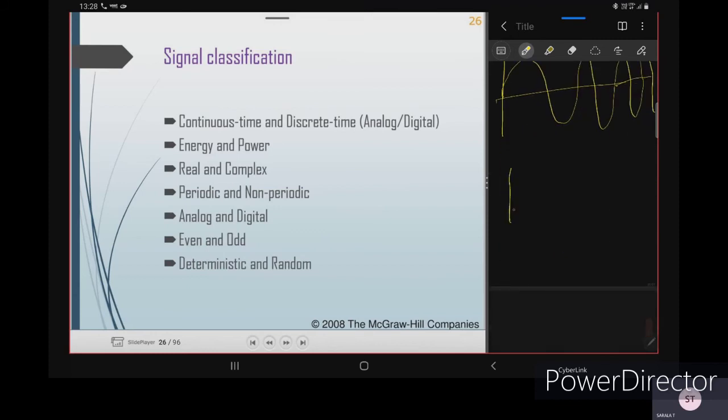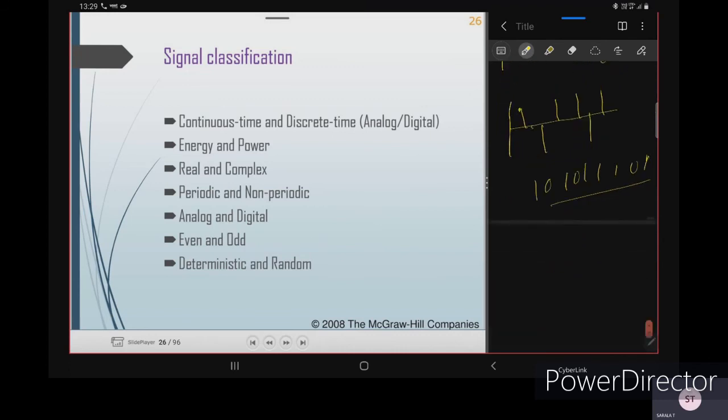Discrete means you will have discrete signals like this, where I have to lift my hand. If it is showing a high value, that can be taken as 1, an empty value is 0: 1, 0, 1, 1, 1, 0, 1.